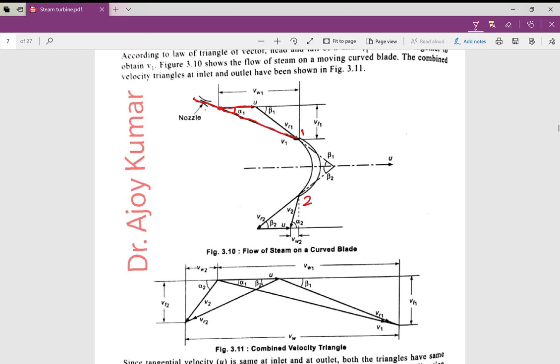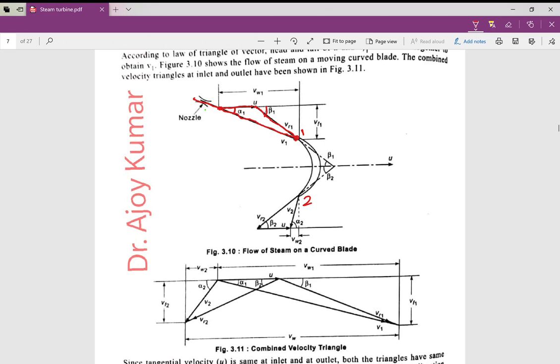At section 1, as I told you just now, the turbine blade as well as the steam coming from the nozzle both have speed, and hence in the actual case the steam meets at section 1 with relative velocity. So with relative velocity it enters like this with VR1, and the blade is inclined at angle beta 1.